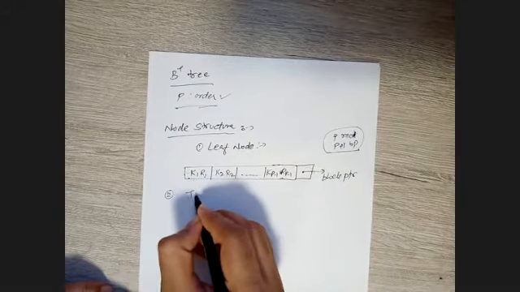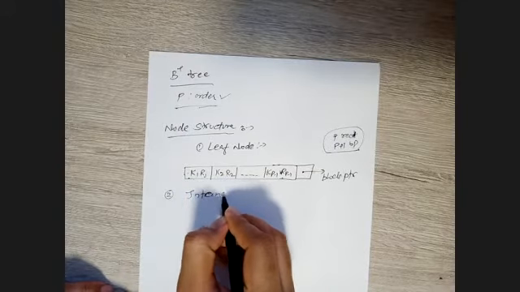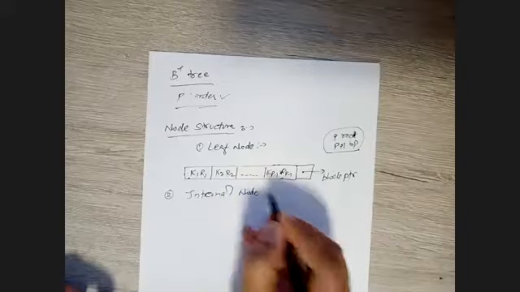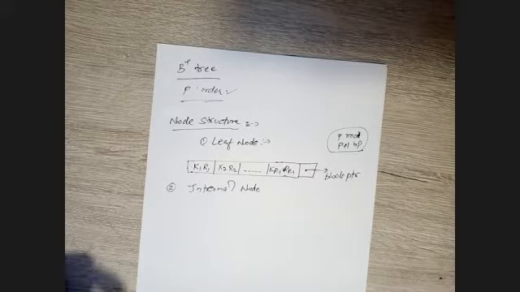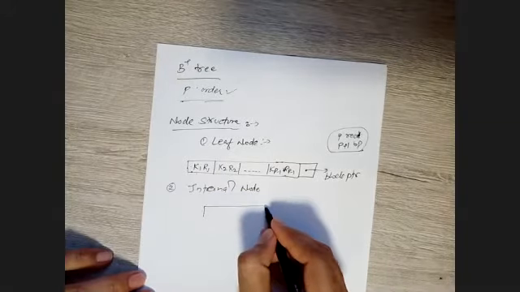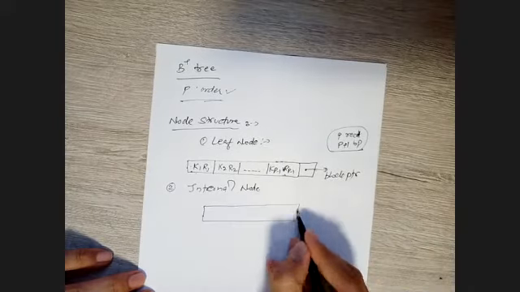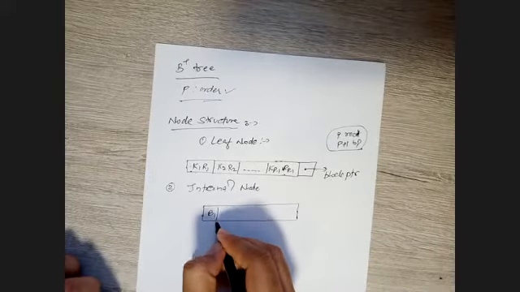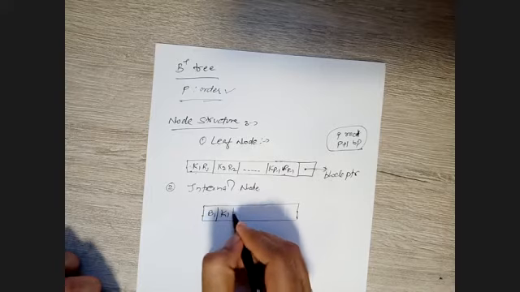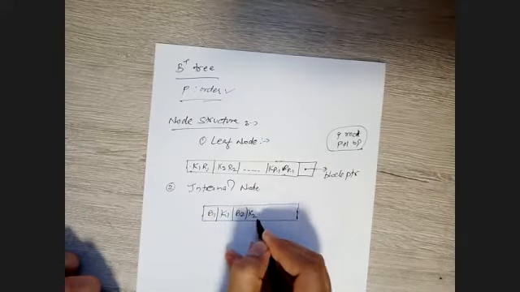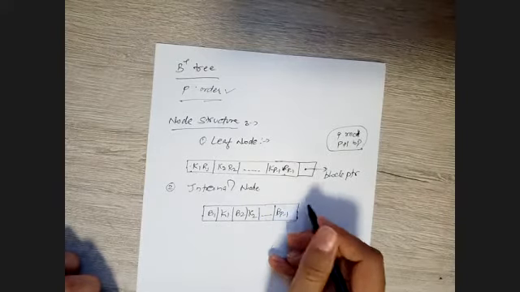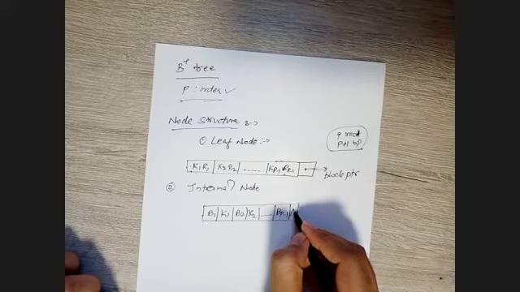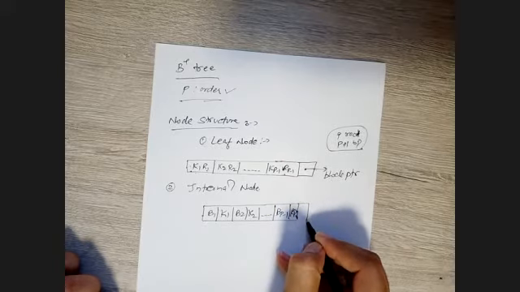And about the internal node, how is it different? Remember, the internal node consists of only keys and block pointers. For example, block pointer b1, and your key, then b p minus 1 and k p minus 1, and then your b p.